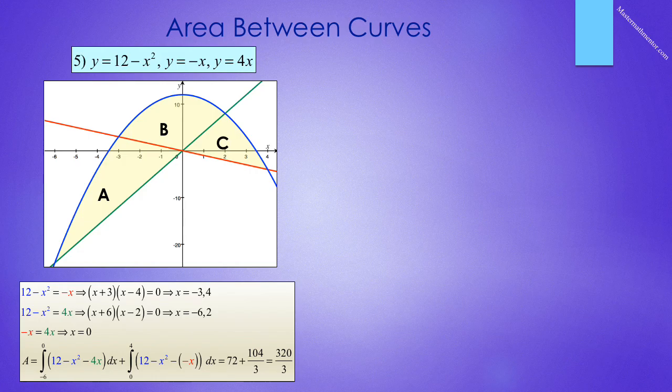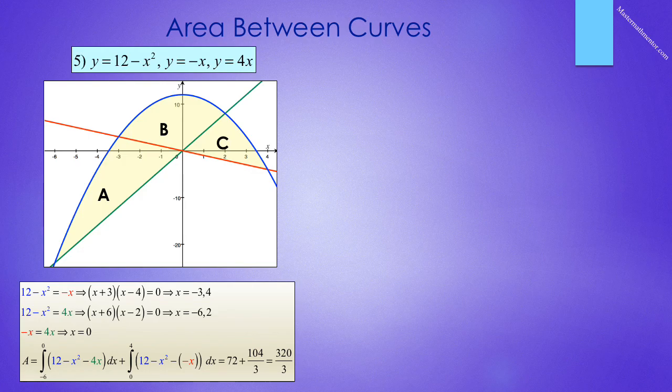So our integral will be, first, the blue curve minus the green curve from negative 6 to 0. And then we look at the blue curve minus the red curve from 0 to 4.